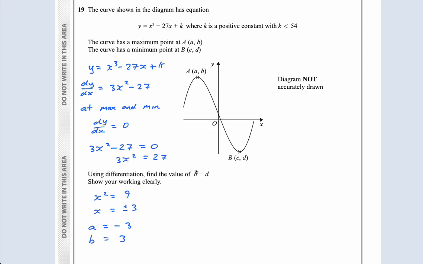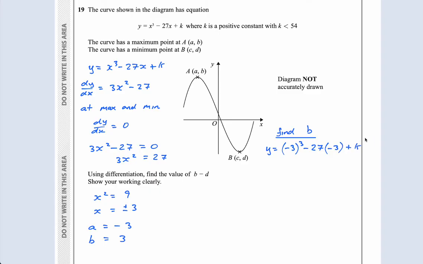But he wants the difference, he wants b minus d. So to find b, I'm going to sub minus 3 into y. Okay, let's do it here. To find b, sub in minus 3. So y equals minus 3 cubed minus 27 times minus 3 plus k.